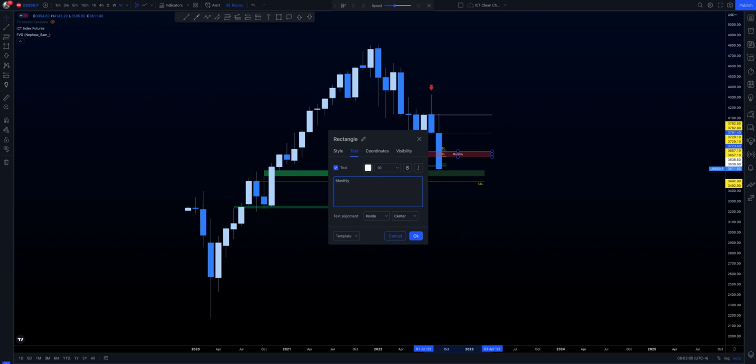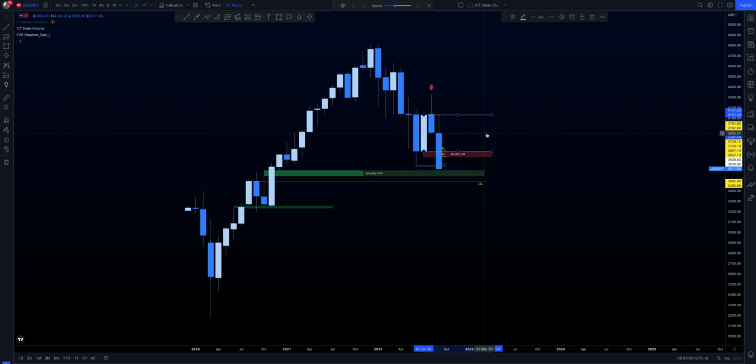Monthly rejection block. Okay, delete that now. So the month open is going to be somewhere down in this region, and then we're going to expect this to trade higher into this region and then sell off into this order block here. So that's what I anticipate the monthly anatomy of the monthly candlestick to look like here.